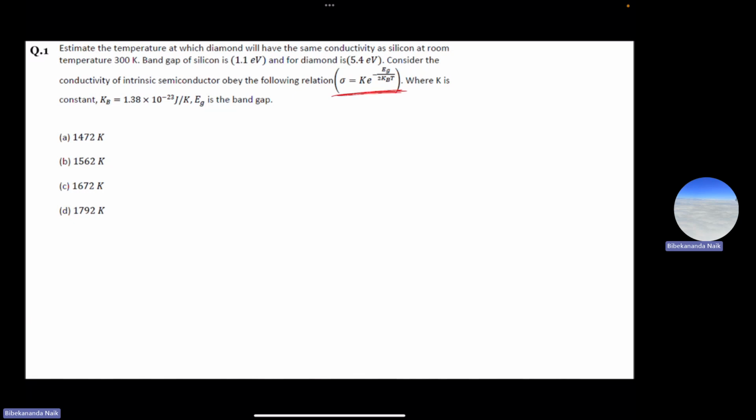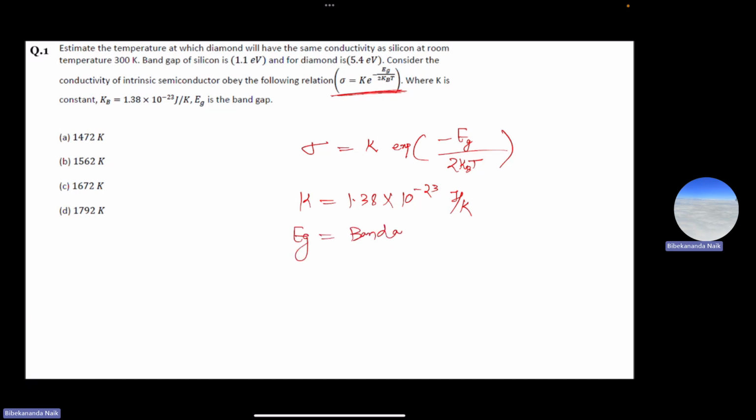So this is the formula that we will use. The formula is sigma equals K exponential minus Eg by 2 kBT, where K is the Boltzmann's constant that is given, 1.38 into 10 to the power minus 23 joule per Kelvin, and Eg is the band gap energy, which for diamond is 5.4 eV and for silicon is 1.1 eV.